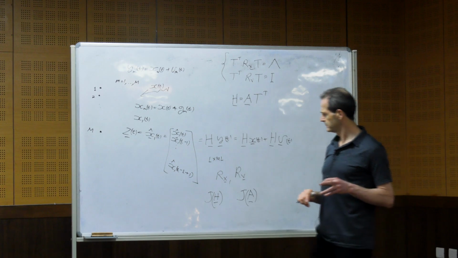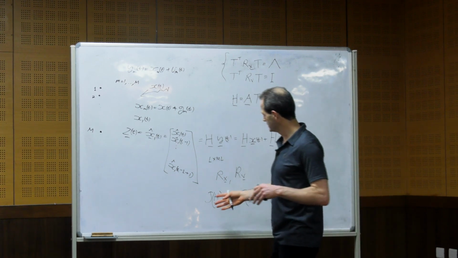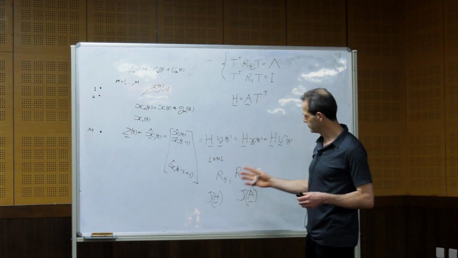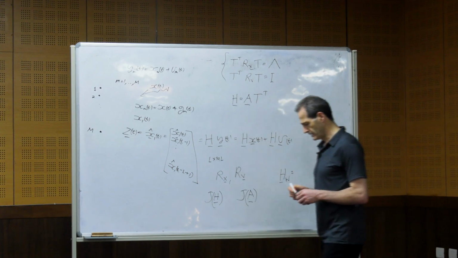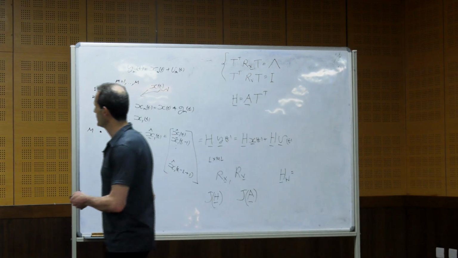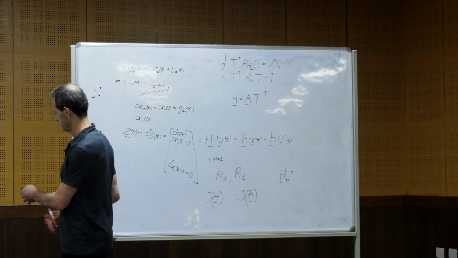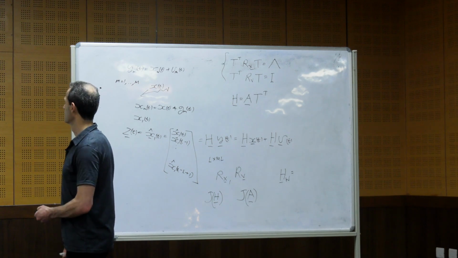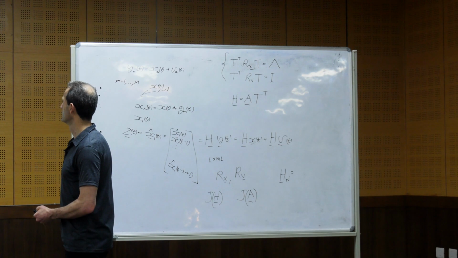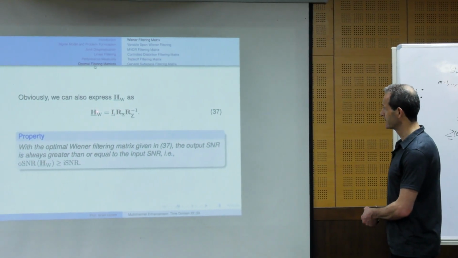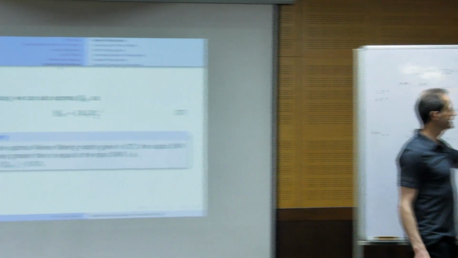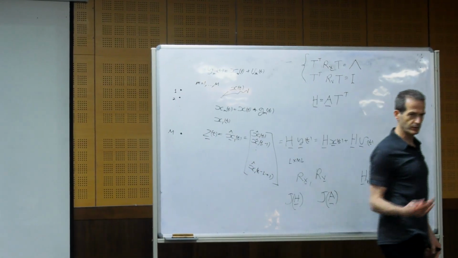And we saw that you can write H, the Wiener filtering matrix, directly without using this transform, this generalized eigenvalue decomposition.